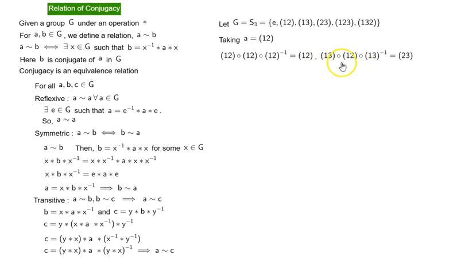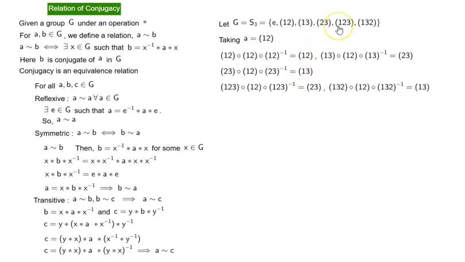Now, if we evaluate this by taking the second element of G, so (1 3) times (1 2) times (1 3) inverse, we get (2 3). Now let's take the next element in G, (2 3). So (2 3) times (1 2) times (2 3) inverse. If we evaluate this, we get permutation (1 3).